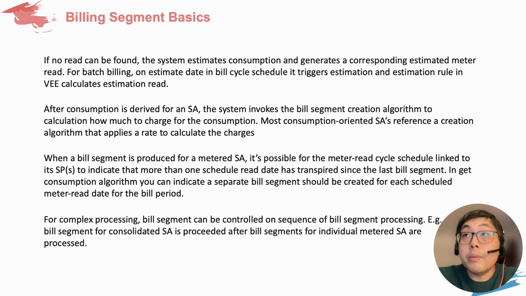bill consumption bill calc lines in the bill segment. Okay, so this is the next step it will perform. When a bill segment is produced for meter SA, it is possible for the meter read cycle schedule linked to SP to indicate more than one scheduled read date has transpired since the last bill segment.